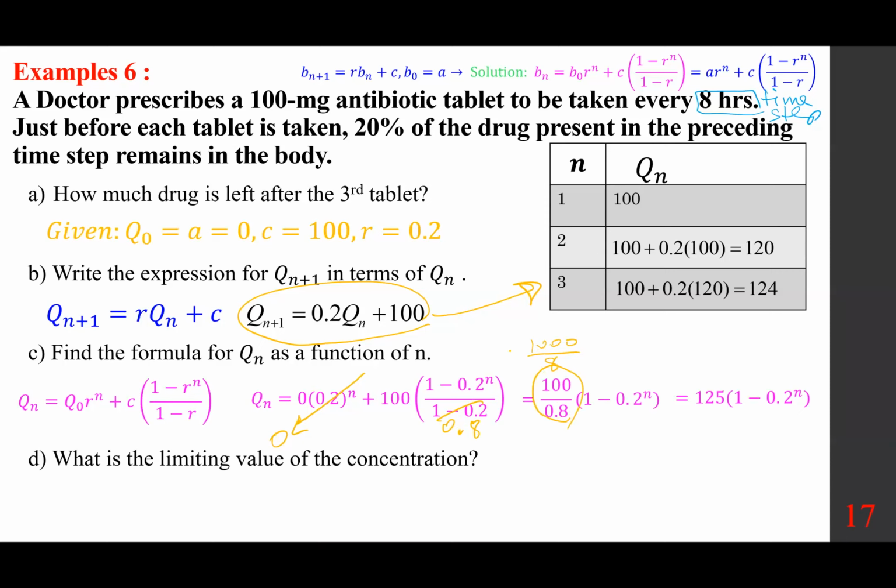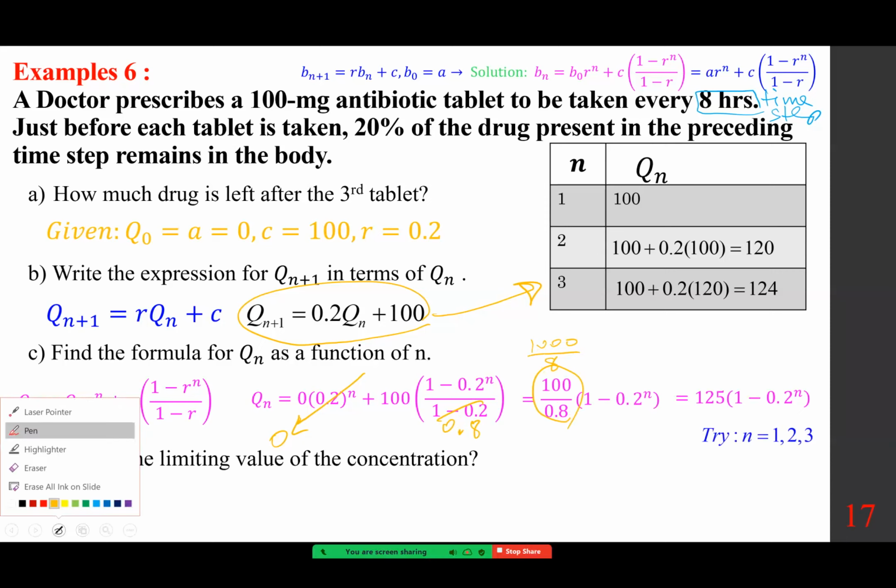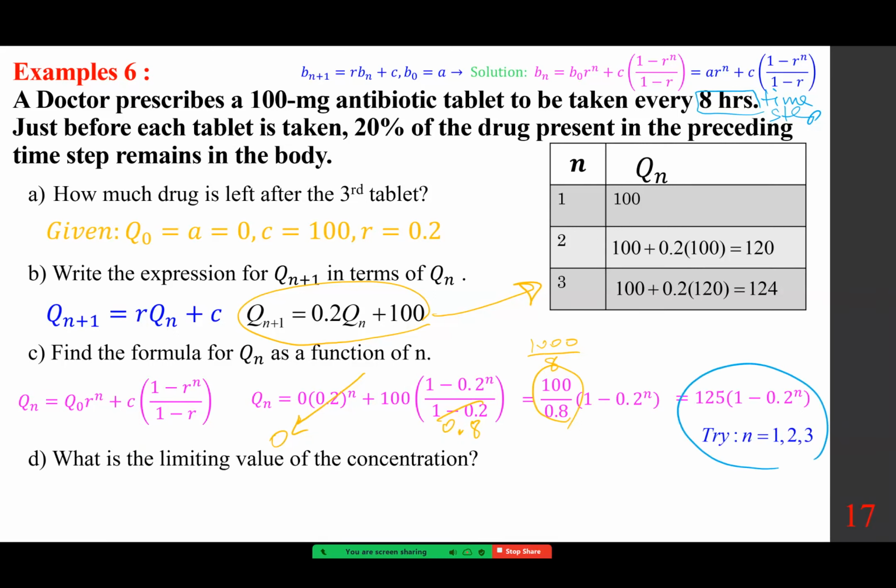Also, I want you to note that if you use n equals 1, 2, 3, you can get the same table. So either this format or this format. Recursively, explicitly, these two are the same. This is recursive solution. This is the explicit solution.